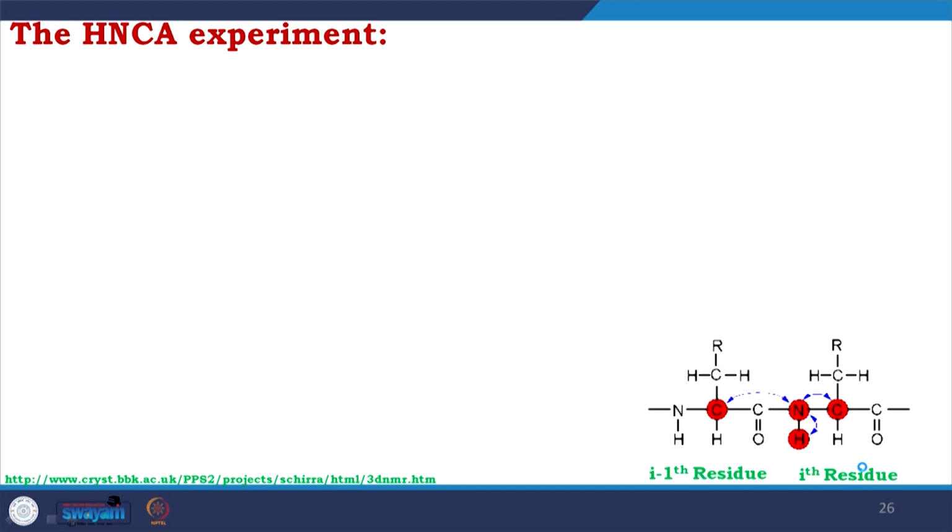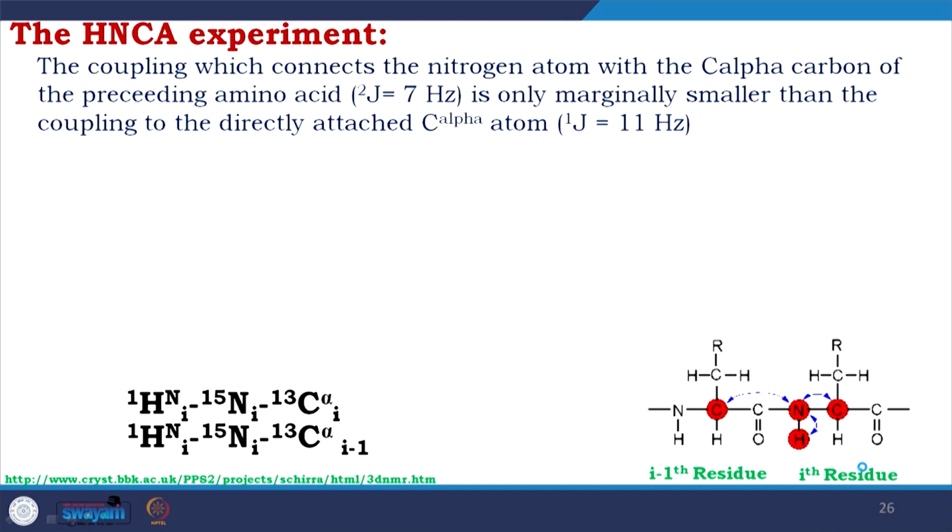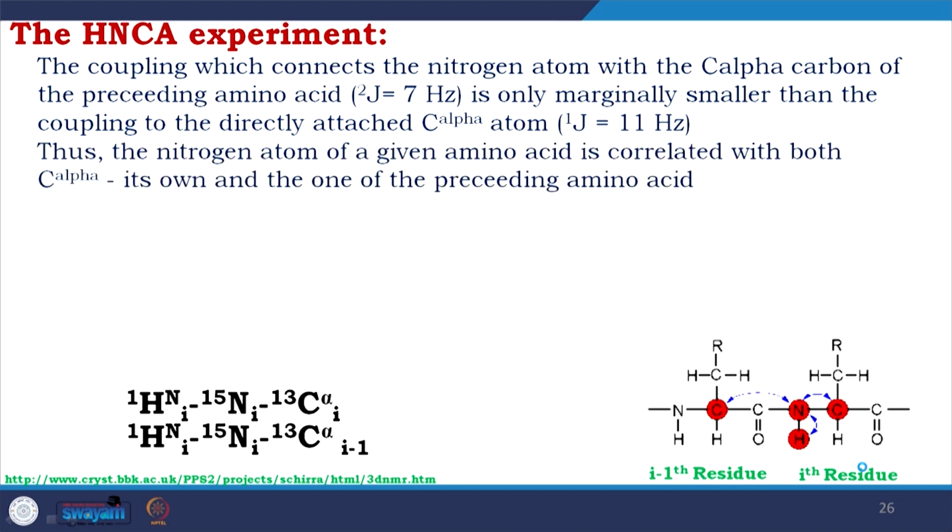So, coming to the continuation of the experiment, here we have the 2J coupling which connects the nitrogen atom with the C alpha carbon of the preceding amino acid. The coupling of 7 Hz is only marginally smaller than the coupling to the directly attached C alpha atom, which is 11 Hz. Thus, the nitrogen atom of a given amino acid is correlated with both its own C alpha and the one of the preceding amino acid.